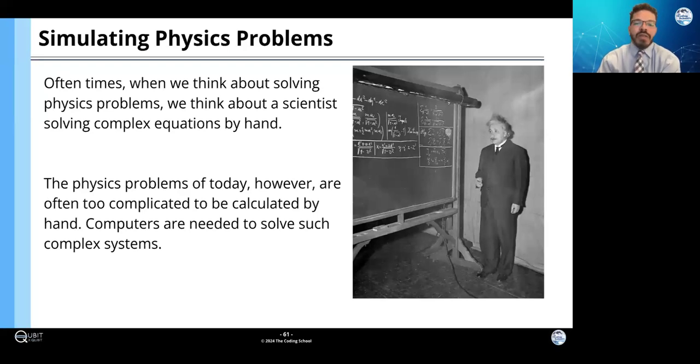And so if you look at equations of physics problems today, when you want to include all the effects that make them relevant to a real-world problem, they get super complicated, right? So we have computers that help us handle these complex systems. So no shade to Einstein, but that's not really how science happens as much anymore.